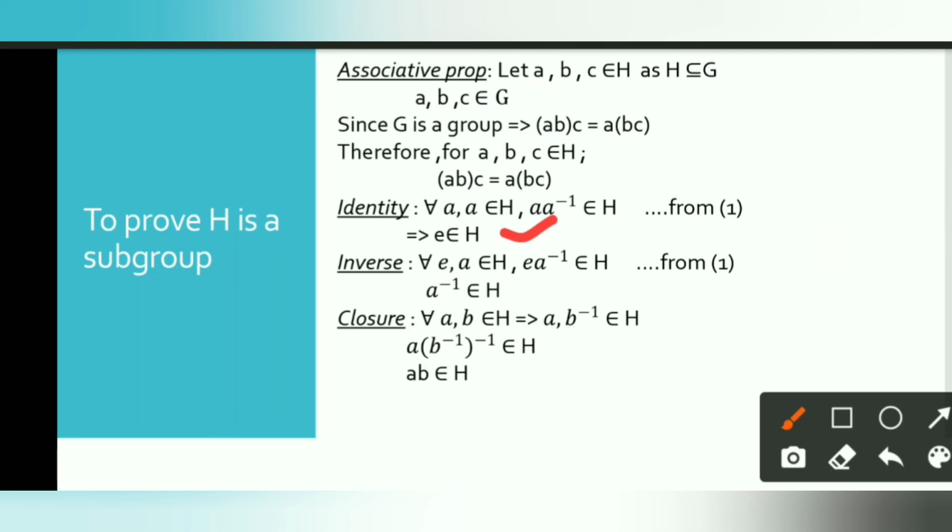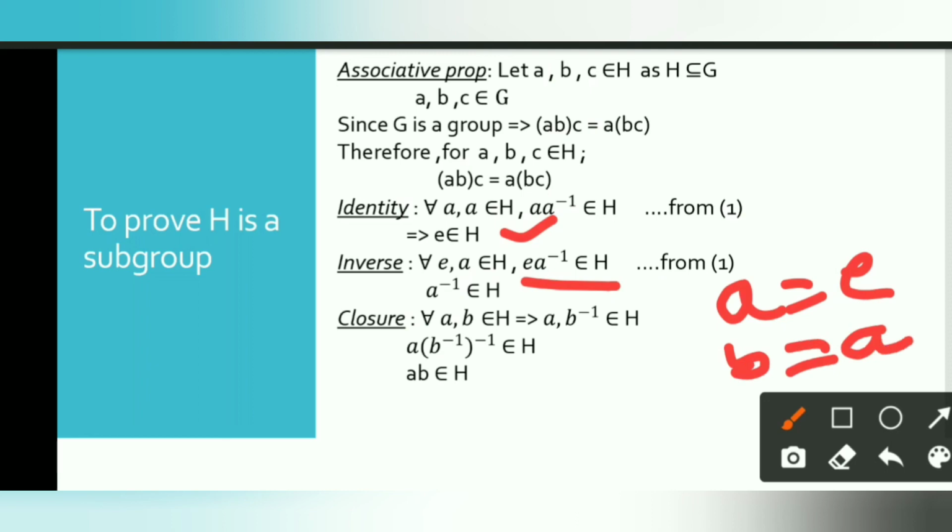And now for the inverse. We have already proven that E exists in H, so E and A are two elements. Then applying the result 1 again, replacing A by E and B by A, in the given result A into B inverse becomes E into A inverse, and E into A inverse is A inverse, so A inverse is in H. That proves the inverse exists.